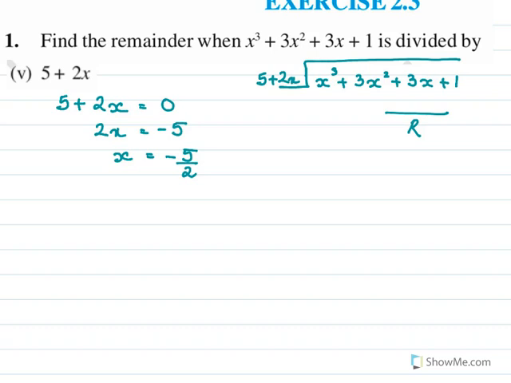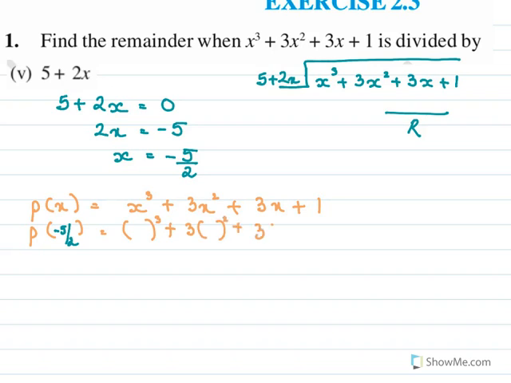To find the remainder, we know p of x is equal to x cube plus 3x square plus 3x plus 1. Now for x, we will put minus 5 by 2. So wherever there is x, x cube, 3x square, 3x plus 1, here minus 5 by 2 cubed, minus 5 by 2, minus 5 by 2.